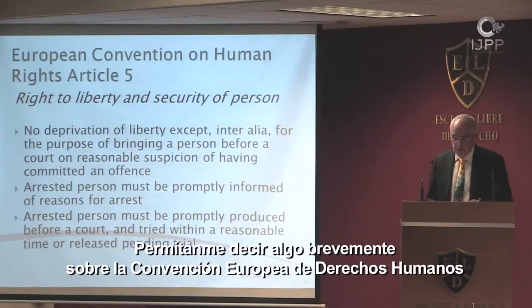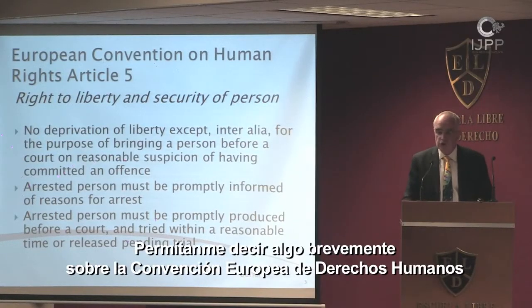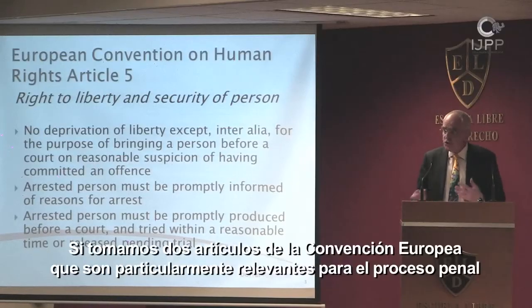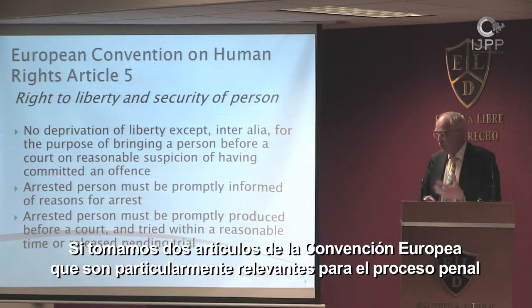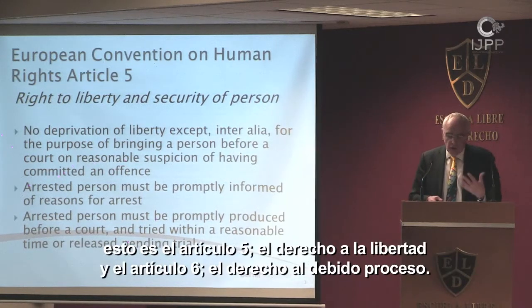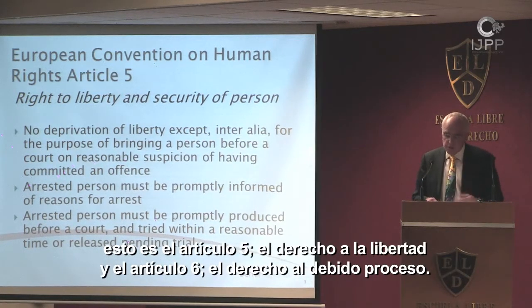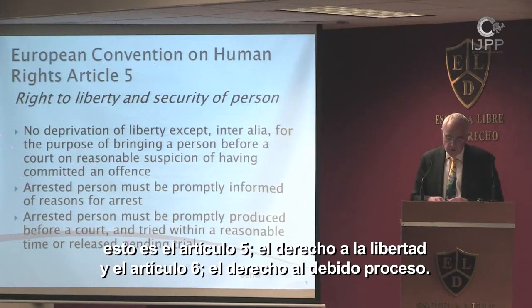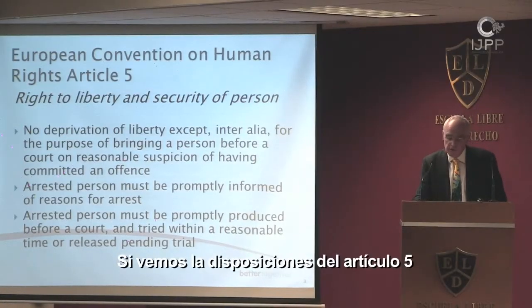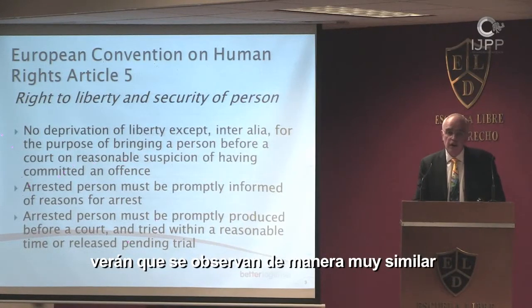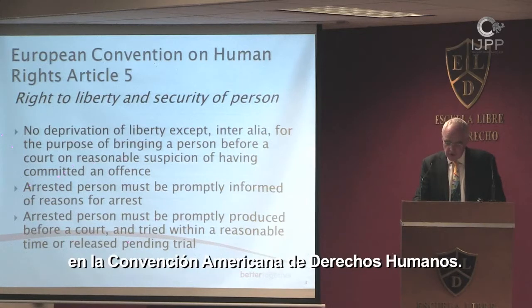Let me just say something very briefly about the European Convention on Human Rights. If we just take 2 of the articles from the European Convention, which are particularly relevant to criminal procedure, that is Article 5, the right to liberty, and Article 6, the right to fair trial. If you see the provisions of Article 5, then you will see that they are reflected in a very similar fashion in the American Convention on Human Rights.